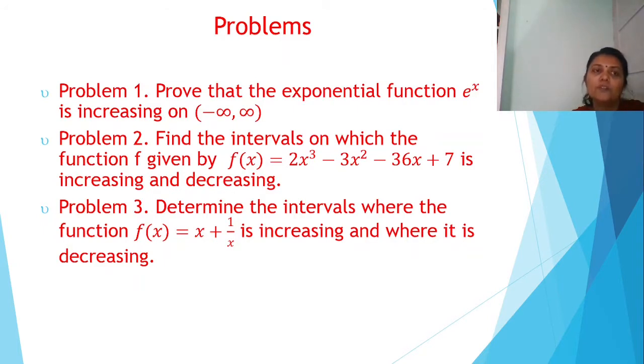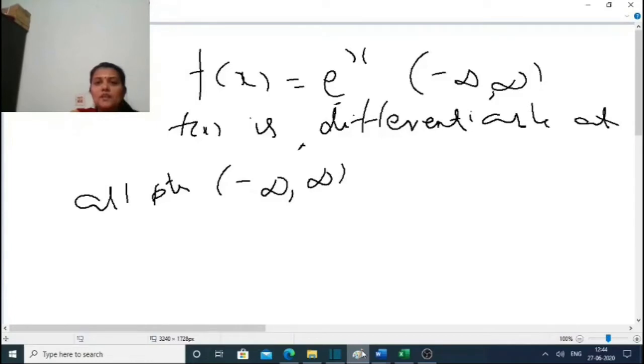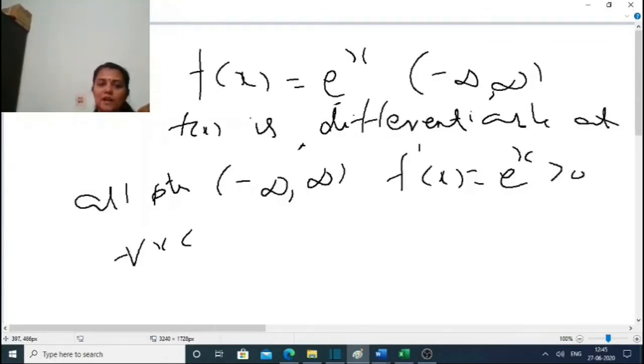Let's look into the first problem. Prove that the exponential function e raised to x is increasing on minus infinity to infinity. Here f of x equal to e raised to x in the interval minus infinity to infinity. We know that f of x is differentiable at all points of minus infinity to infinity, and f dash x equal to e raised to x, which is greater than 0 for all values of x in minus infinity to infinity.